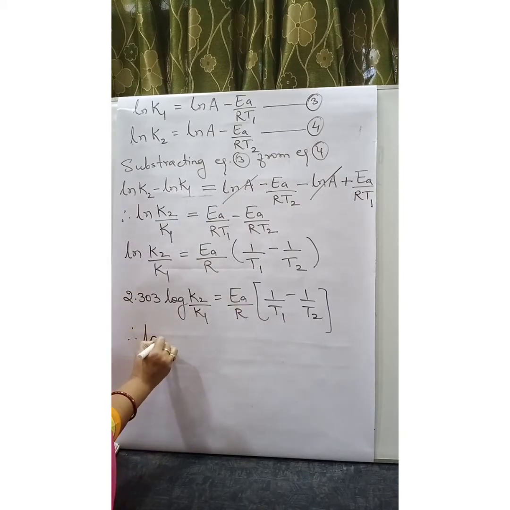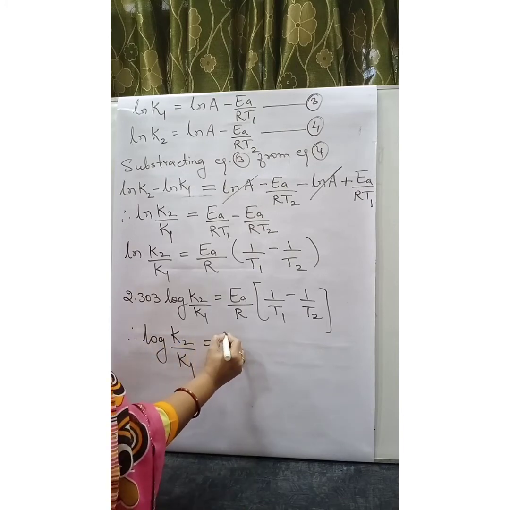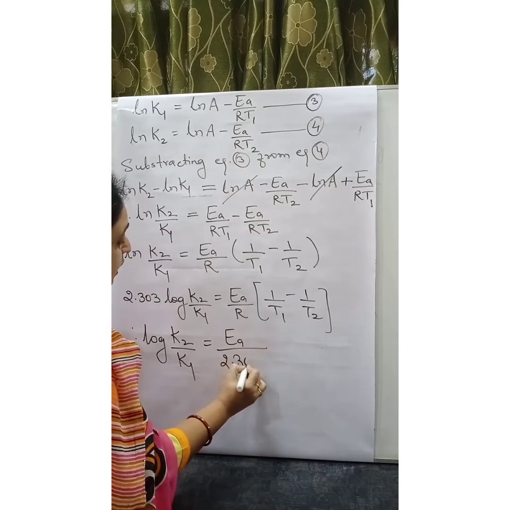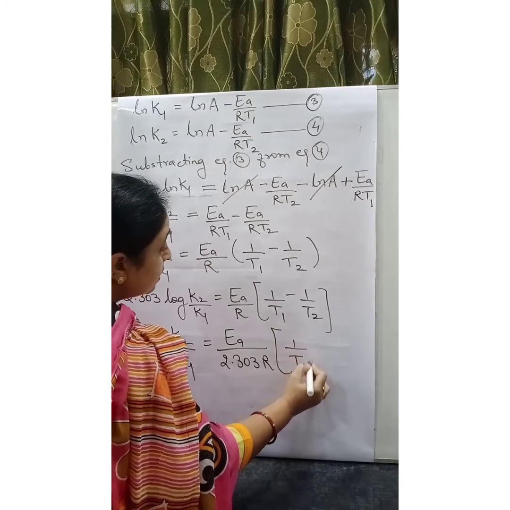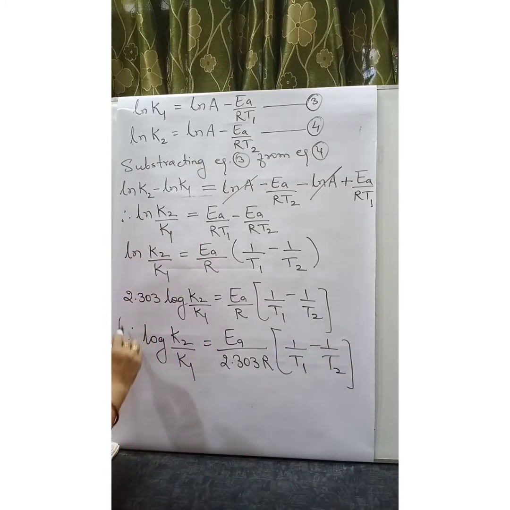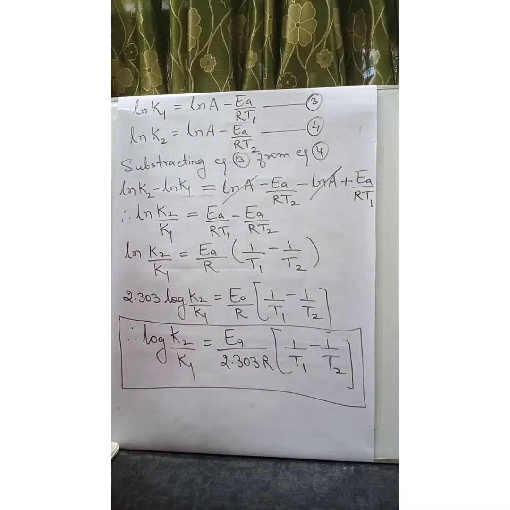Therefore, log k2 upon k1 is equal to Ea upon 2.303 R, 1 upon T1 minus 1 upon T2. This equation is used for solving numericals. You have to remember this equation.